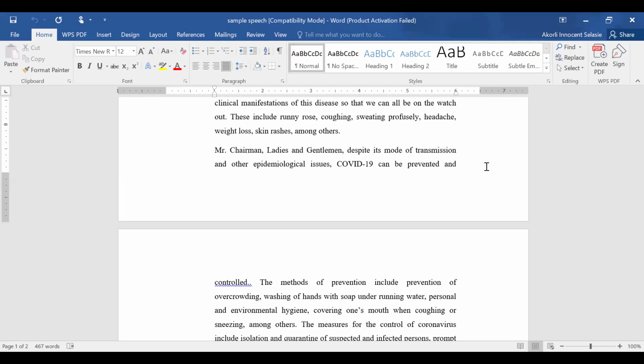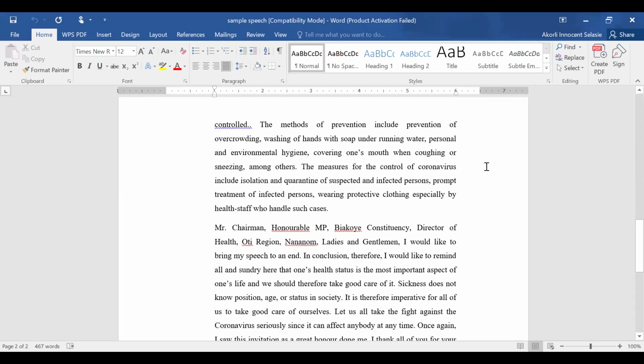The measures for the control of coronavirus include isolation and quarantine of suspected and infected persons, prompt treatment of infected persons, wearing protective clothing, especially by health staff who handle such cases.